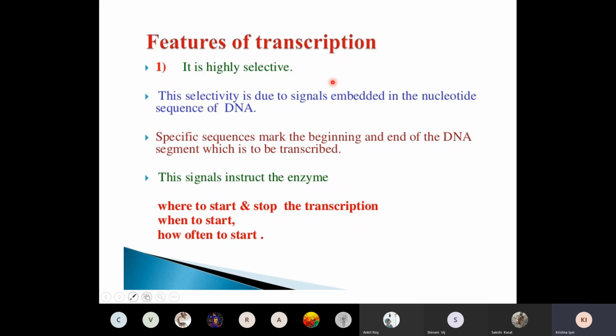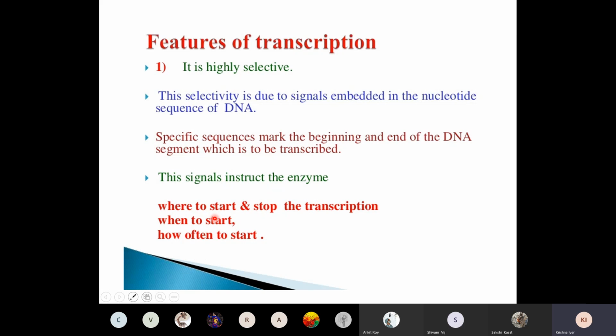That start and end will give you a product which is either an RNA, or an RNA which will later be converted to a protein. So these signals are the instructions for the enzyme which does the transcription. Not only that, in addition to where to start and where to stop, these sequences, or the factors associated with them, also tell, in a sense, when to do this and how often to do this.